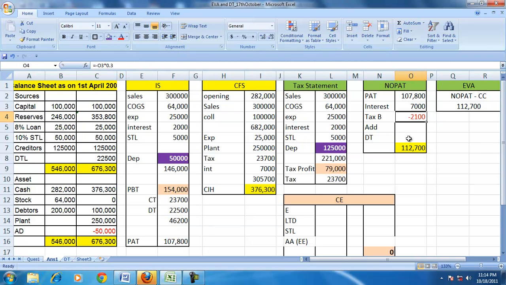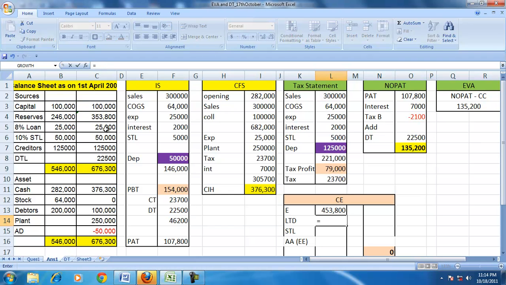Since accounting adjustments are there, the deferred tax is not recognized while computing the EVA, so therefore we add back the deferred tax. So the NOPAT is 135,200. The equity of the firm is 100,000 plus 353,000.